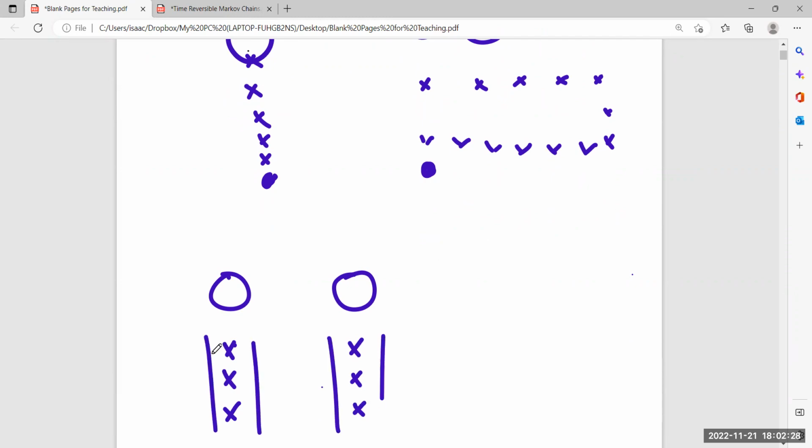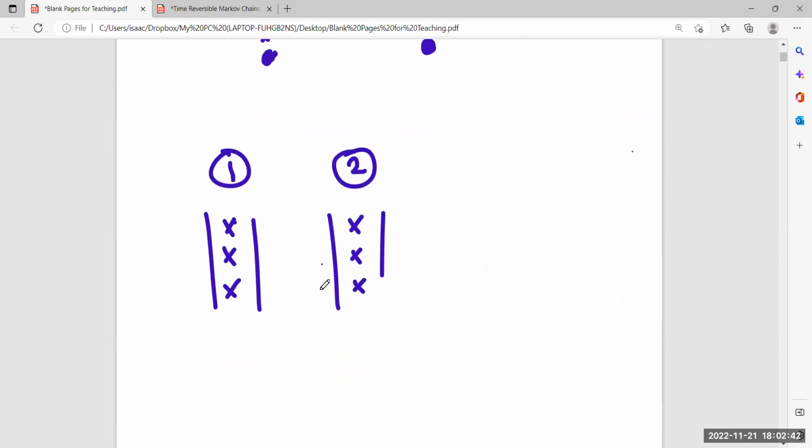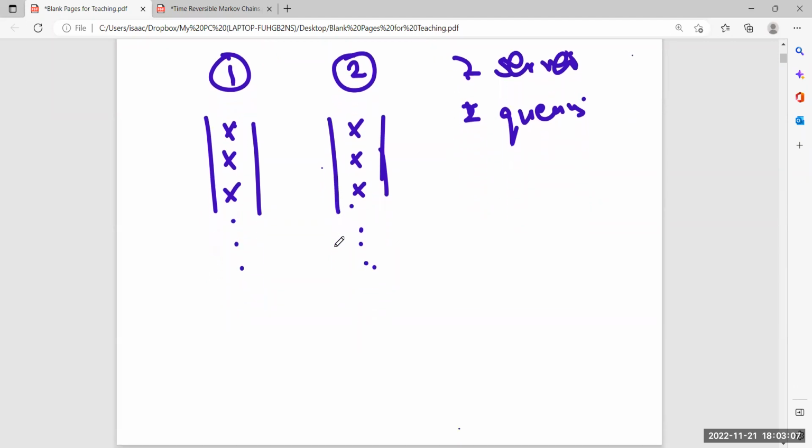This is my first server and this is my second server. Like if you go to Pennywise or something like that, they have about 8 cashiers up front, and each cashier has their own line, right? So in a case like that, you just join one of the lines, normally the shortest one. So in this case, you have 2 queues and you have 2 servers, and people can keep on coming here as the day progresses.